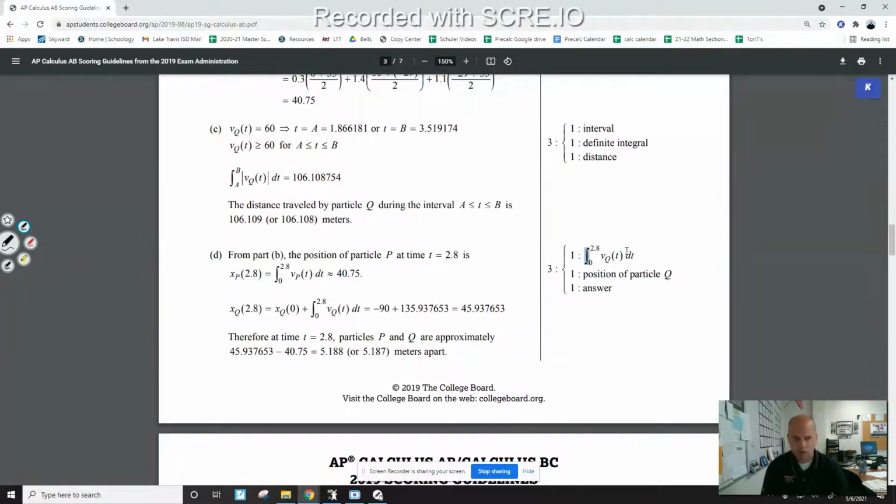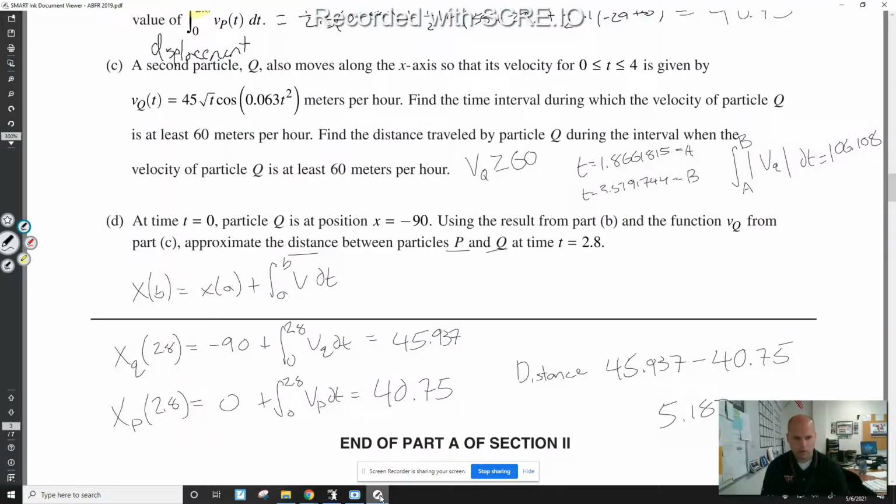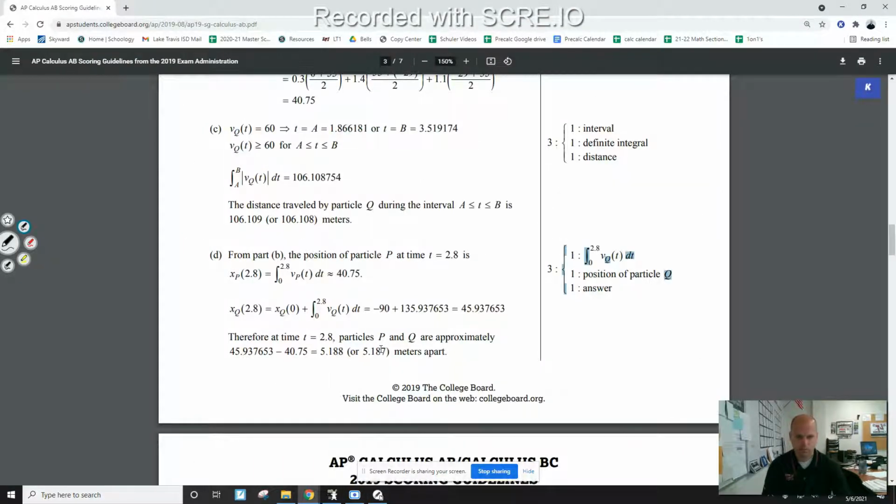Part D, 0 to 2.8 of v of Q would have gotten you points, but then adding the initial position, which is the position of particle Q, that gets you the second point. Subtracting the two, 5.187 meters apart gives you the third point.